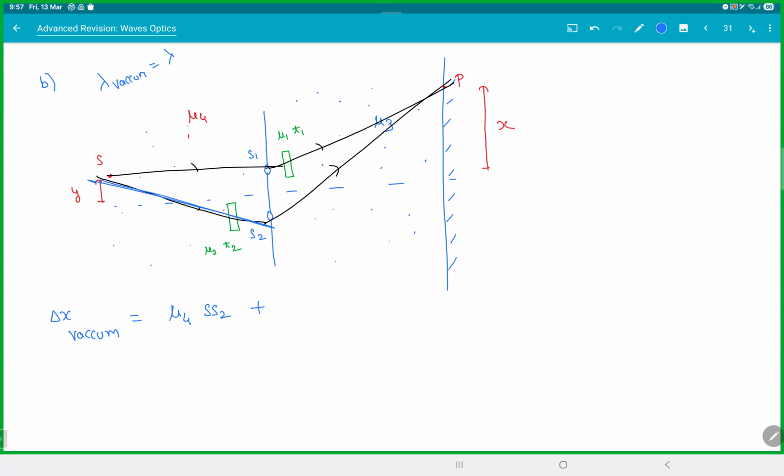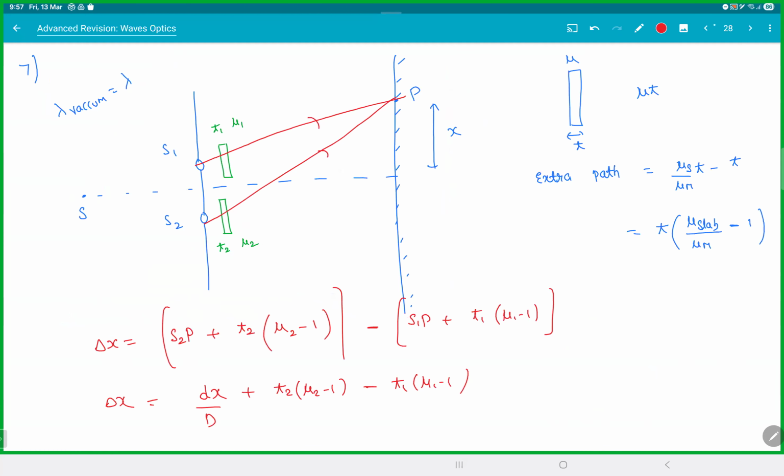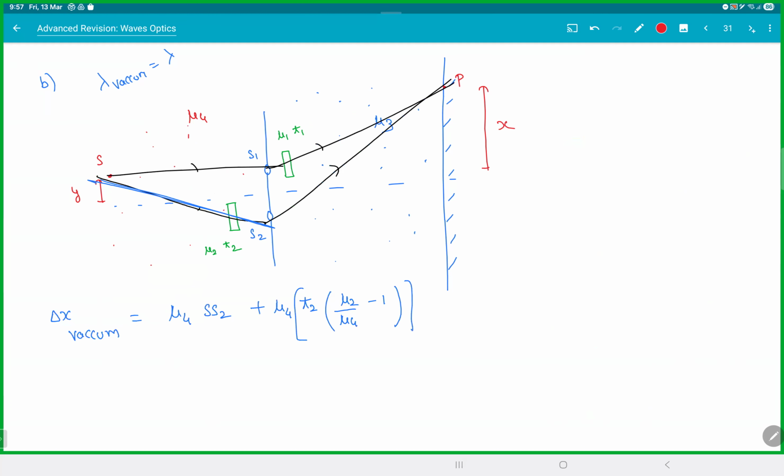Plus, because you're traveling inside a slab, you get an extra path difference. How much is that? That would be T2 into (mu2 by mu4 minus 1), but this is the path difference in mu4. So again, you have to put one more mu4, because this formula we derived is the path difference for a slab in a medium. You have to convert that medium back into vacuum.